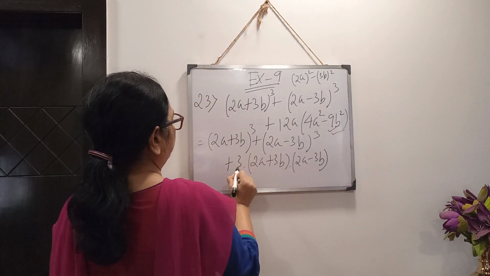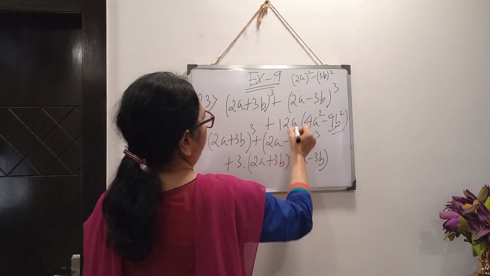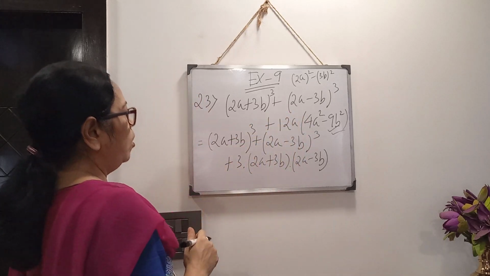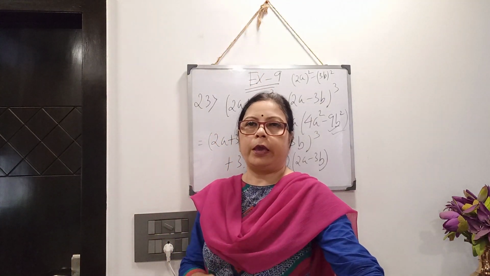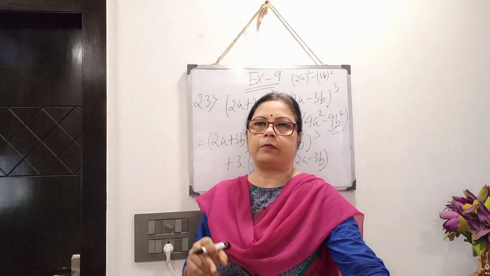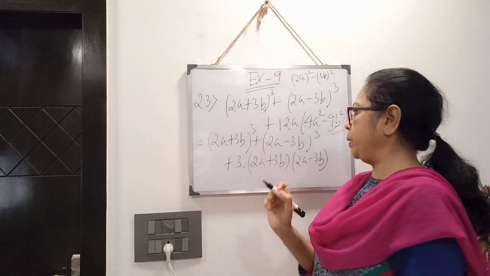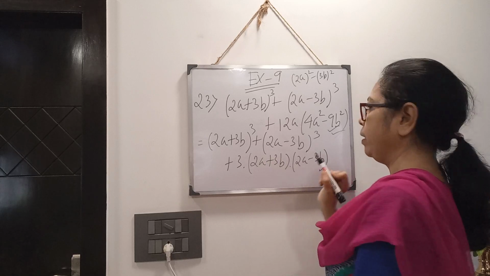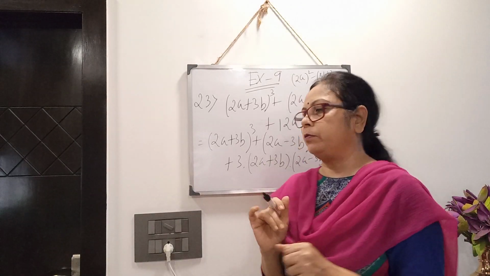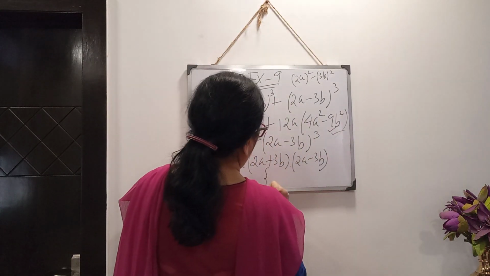Okay. Now 3 I have taken. There is 4a, this we have to adjust. What is the second form of (a + b) whole cube? a³ + b³ + 3ab(a + b). We have got a³ + b³ + 3ab into, only the a + b term is left.